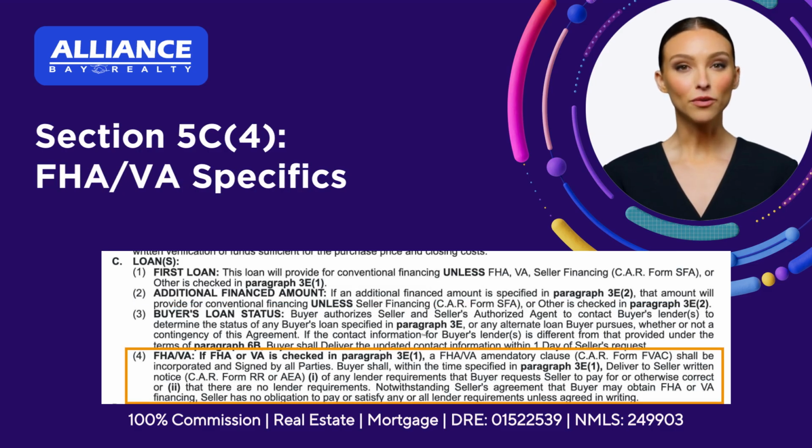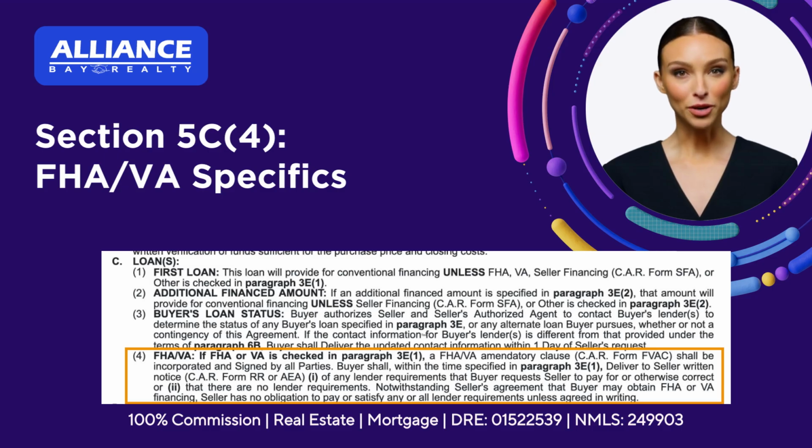Section 5C4 for FHA/VA specifics. If FHA or VA is checked in Section 3E1, the FHA/VA mandatory clause, CAR form FEC, must be incorporated and signed by all parties. Buyer must, within the Section 3E1 timeframe, deliver written lender requirements, use CAR forms RR or AEA, and say whether the lender requires the seller to pay anything or if no lender requirements exist.